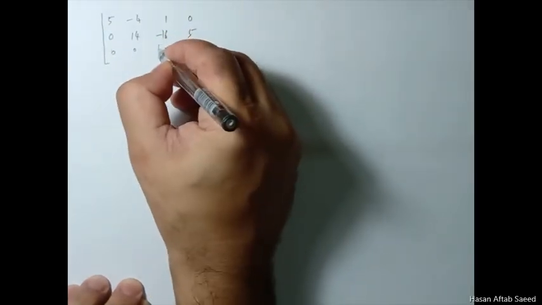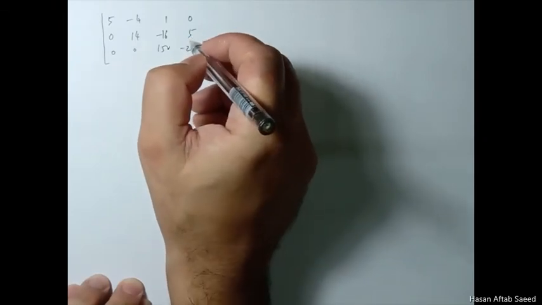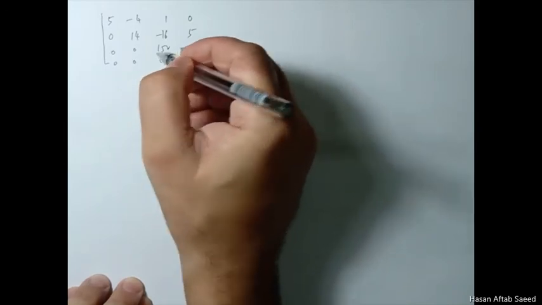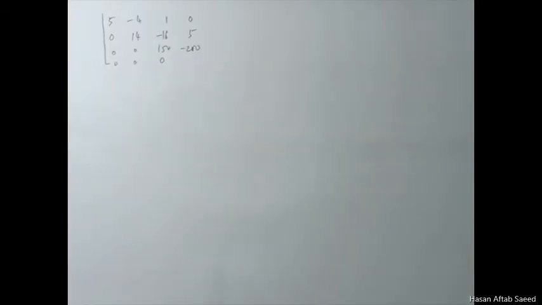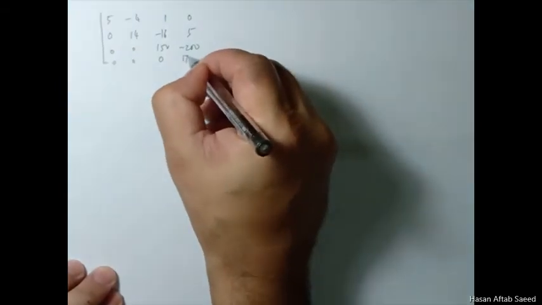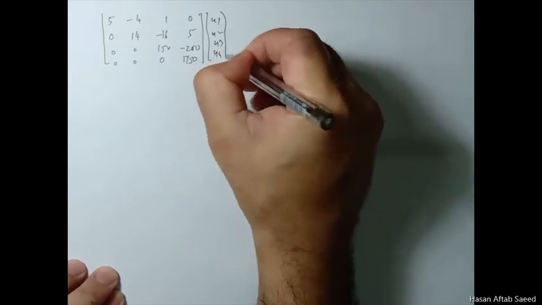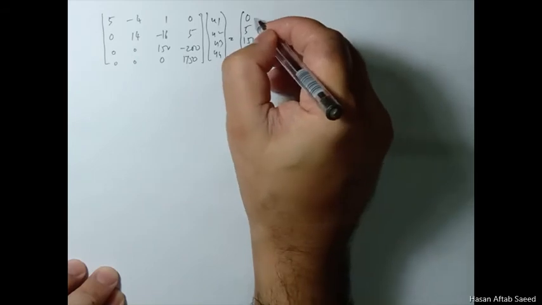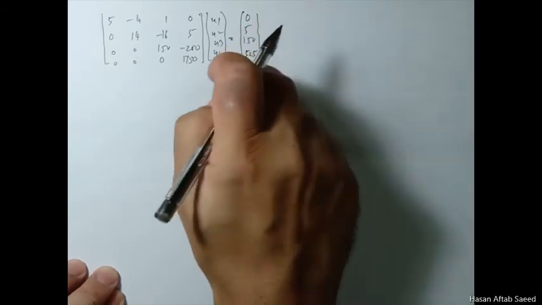Third line also, no problem. As far as the fourth line is concerned, yes, these two were already 0. This we made 0 because of this latest use of the pivot, and these also change, and it turns out that the values are this: the first 3 came as they were in the last step, and this last one only changes.